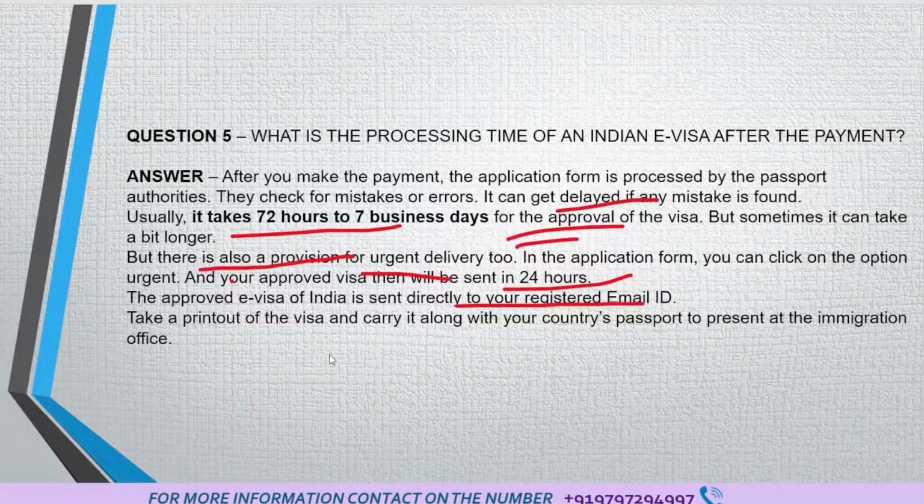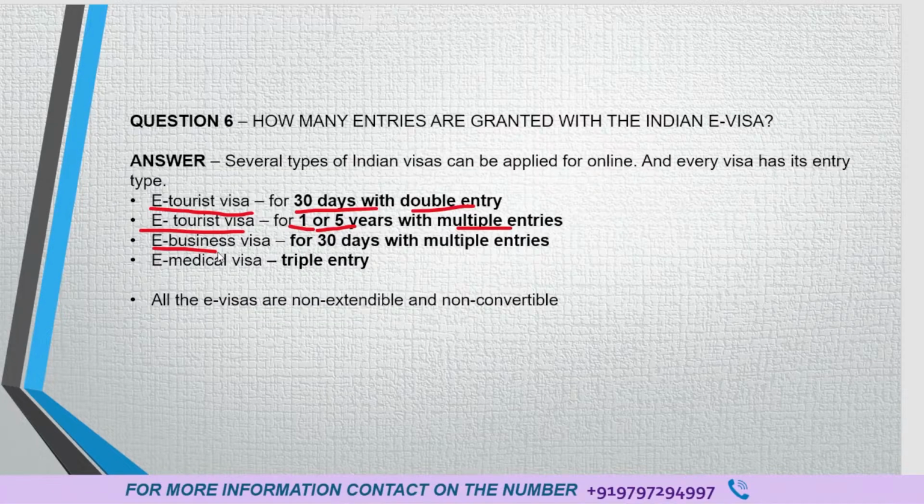Now, next is, how many entries are granted with the Indian e-visa? Obviously it depends on the type of visa you are applying for. Say if you are applying for an e-tourist visa, then with this visa you will have 30 days of stay with double entry. This means that within these 30 days you can make entry in India twice.